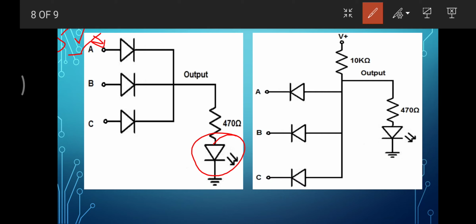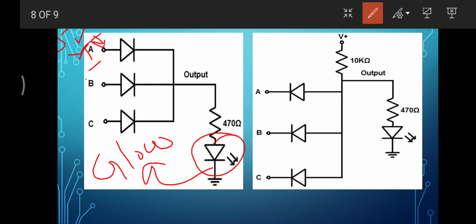Whenever you press the push button, the 5 volt passes through it, and when you stop pressing the push button, it will get a ground. In this manner you can try this at home and check whether the circuit is working or not. If you get any complication, or your circuit is not working, you can connect with me in the comment section. I will be readily available to help you and guide you if there is any mistake in your circuit, and I will tell you what changes are required to make it work. By doing this, you will see that whenever you apply 1 to any of them, the LED will glow.